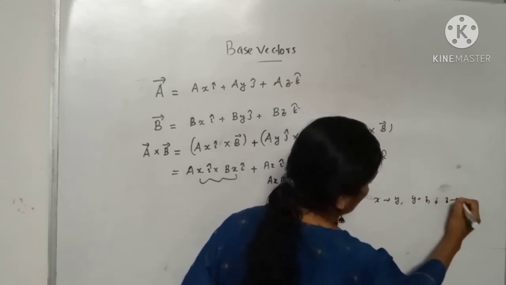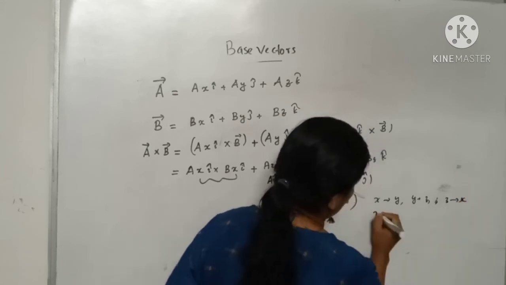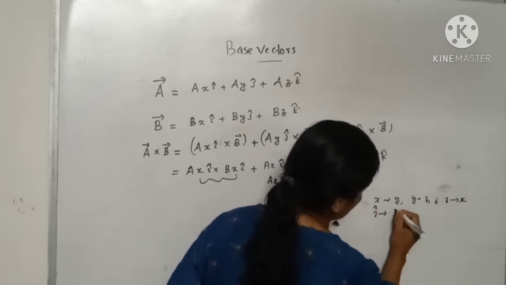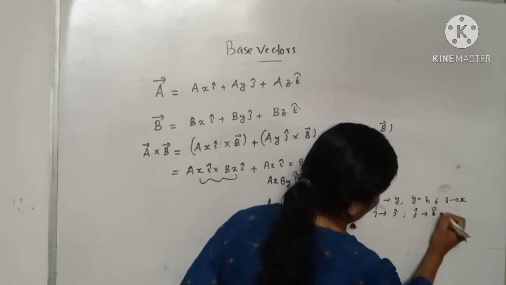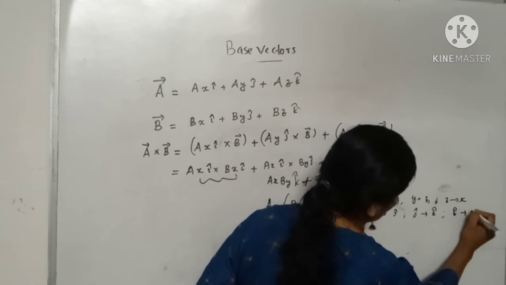and y goes to z and z goes to x, and i cap goes to j cap and j cap goes to k cap and k cap goes to i cap.